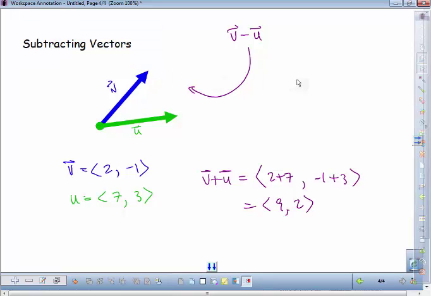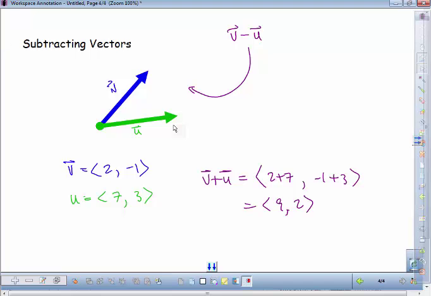This time in vector subtraction, when we're subtracting two vectors, we can think about those vectors in standard position. If they were in standard position, they would represent the points where their heads are pointing.